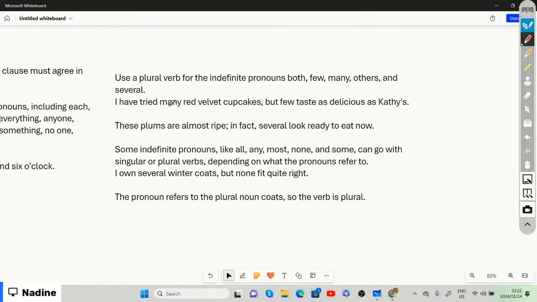So I've tried many red velvet cupcakes, but few taste as delicious as Kathy's. Or we can say, these plums are almost ripe. In fact, several look ready to eat now.